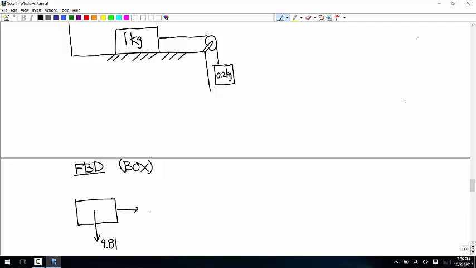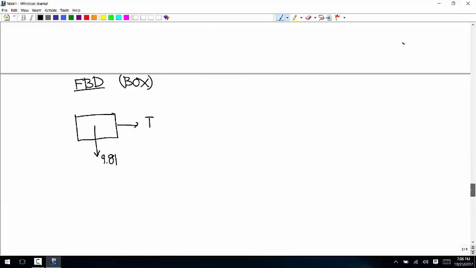There's a cable force of T going this way. There's a normal force pushing up. And this time there's a fourth force, a force of friction, that goes in the opposite direction of the velocity vector. So it goes to the left, and it has a magnitude that's equal to mu sub k times N. Well, we know what mu sub k is, so I'll write that as 0.2.